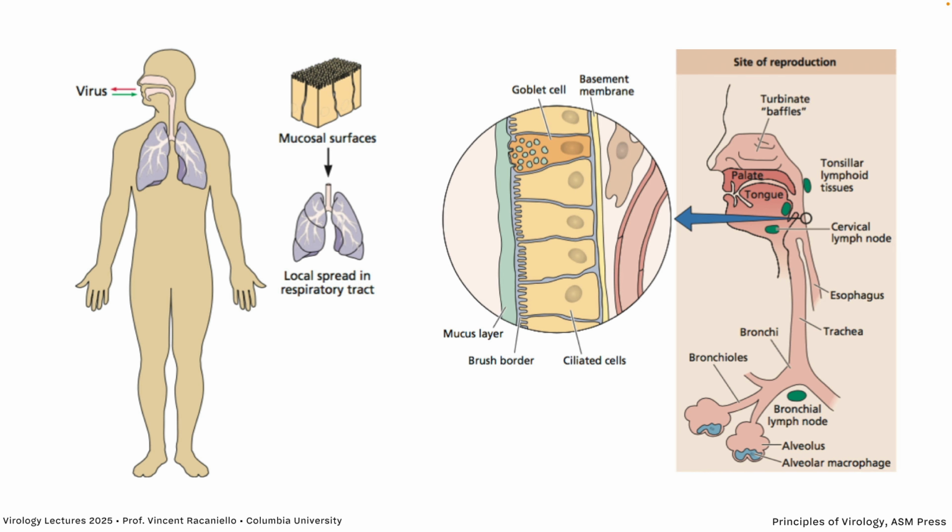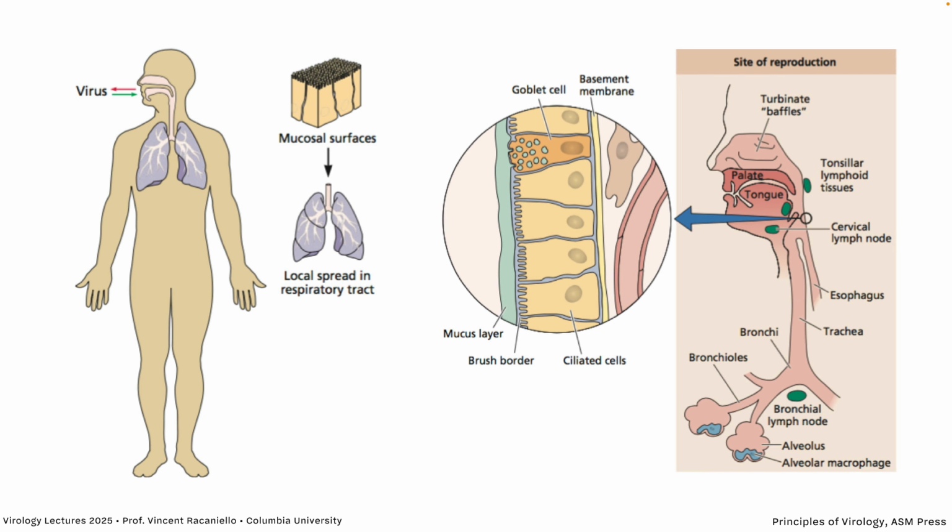So the virus enters the upper respiratory tract. You inhale it typically, or you can pull it in. Some people are mouth breathers, right? You can pull it in through your mouth as well. And it reproduces in the upper respiratory tract in the epithelial cell layers. And then very typically, it spreads to the trachea.